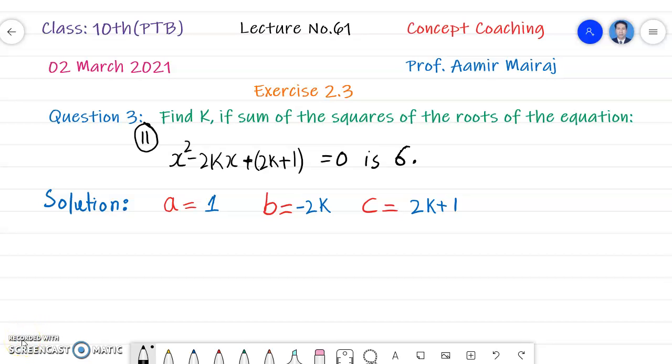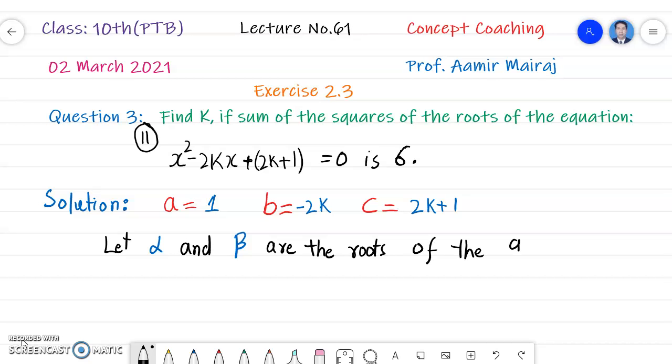Let alpha and beta be the roots of the given equation.